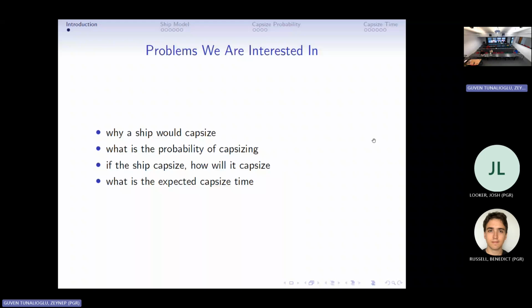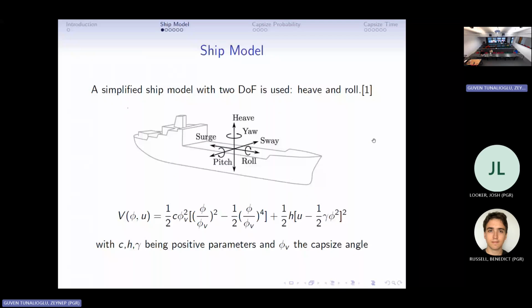So that's a ship model, a smaller version of the ship model here in my hand. A ship has six degrees of freedom, and I pick only two, which are the roll and the heave. Imagine the scenario where the water wave is going perpendicular to your ship.